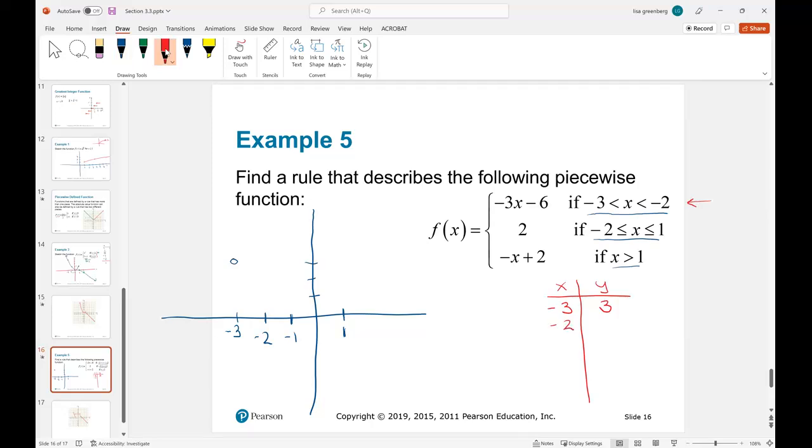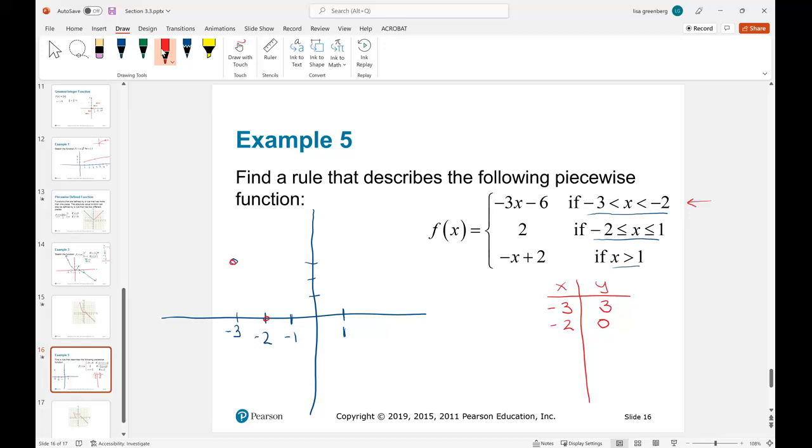And then -2, I know if I wanted to find exactly what it is, then I would have to go to the middle. But I want to know what happens when the top function is at -2. So I plug it in, I get 6 minus 6, and I get 0. So that means the other end, actually, let me do those in red, is at -2, 0.